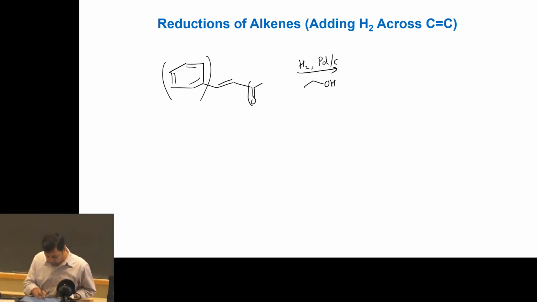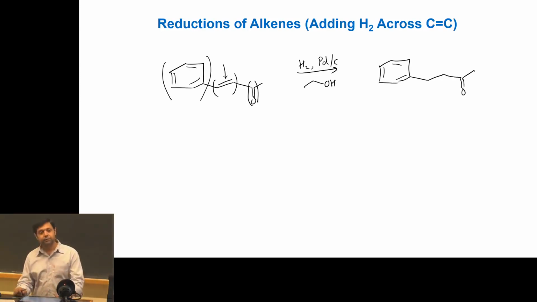Similarly, the C=O also tolerates these reaction conditions. So the only double bond that will react in this molecule is this double bond. So let's write the product. That is going to stay as it is. The C=O is also going to stay as it is. So that will be the product in this reaction. Right? So both C=O and the arene will tolerate these reaction conditions.